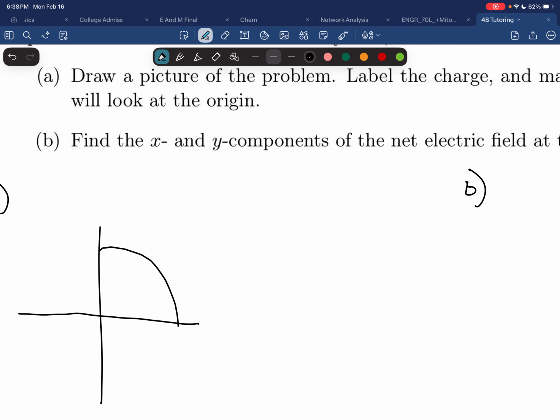So if we are at the origin, let's make this pink point P, the net electric field will be pointing like this, sort of at like a 45-degree angle.